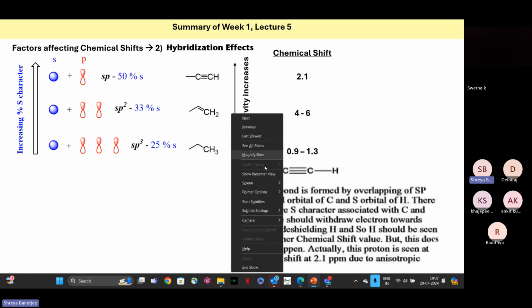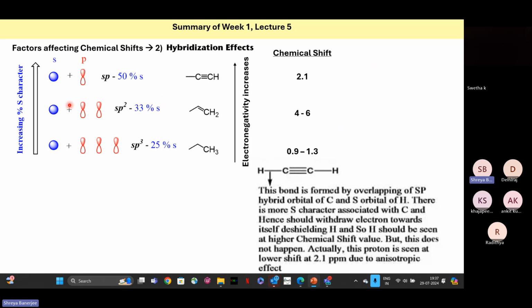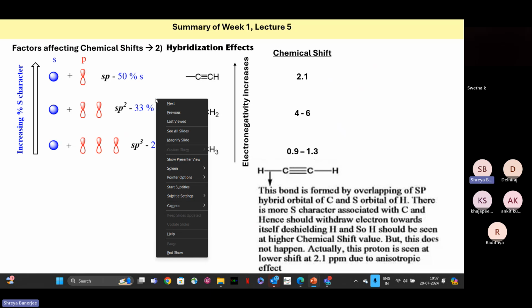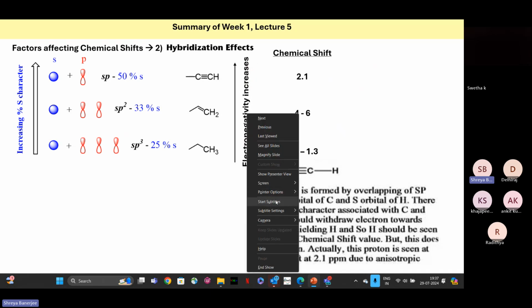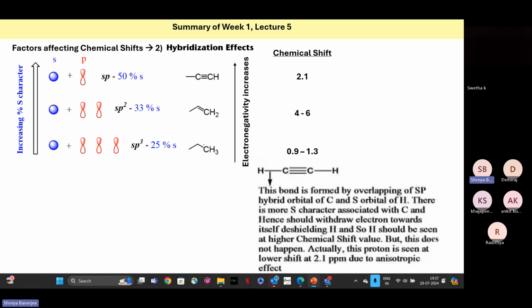Another factor is the hybridization. So when you go from sp3 to sp2 to sp, the S character increases from 25% to 33% to 50%. Now, as the S character increases, electronegativity also increases. So what we expect is that in case of alkane, there is a withdrawal of electrons.